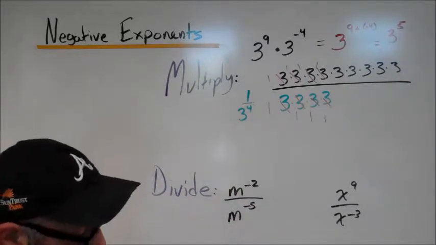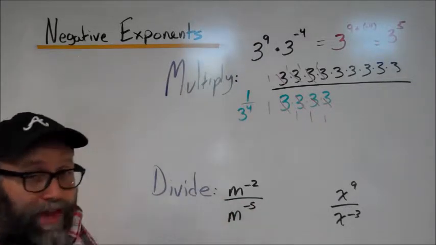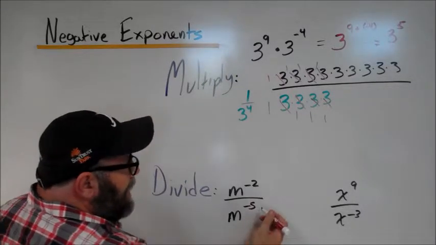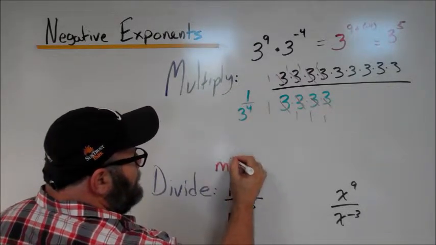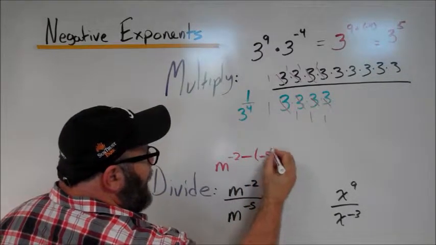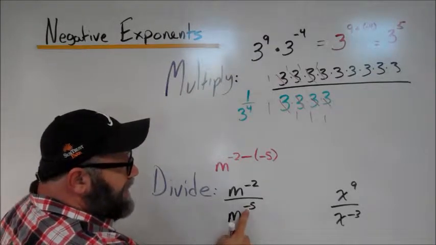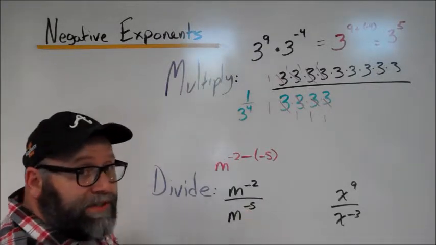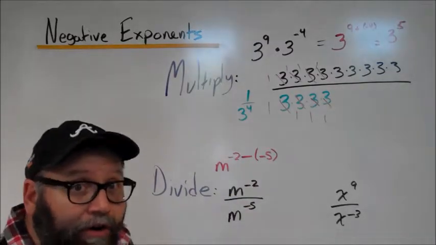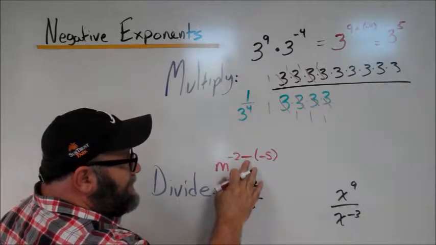Now let's look at this one. We've got m to the negative second divided by m to the negative fifth. All right, so let's just write it as an exponential expression here, and we're going to describe that as m to the negative second minus negative 5. Now, this is critical. This negative sign says I'm the opposite of 5. This minus sign has to be here, okay? The minus sign is not created from that negative. The minus is here.